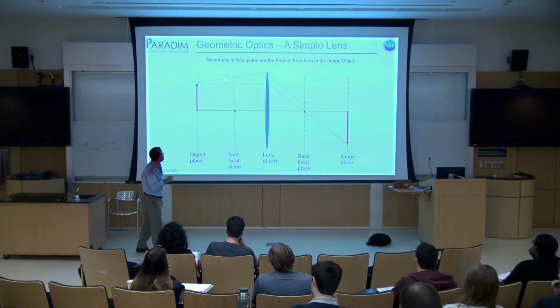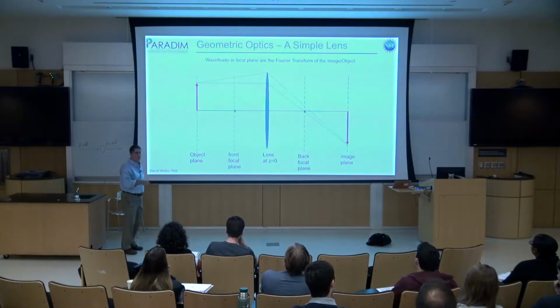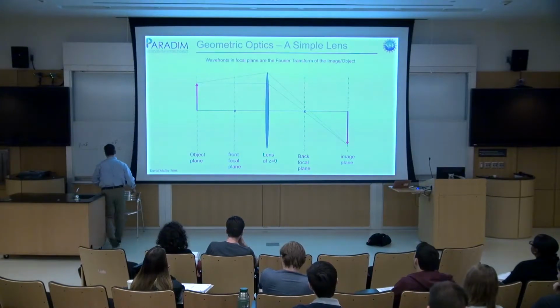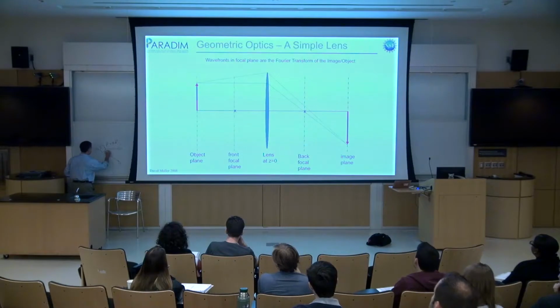But they took a path that had a different direction, and so they did not go through the center of the back focal plane. So here's a ray that was scattered at an angle, and it went through some angle theta.